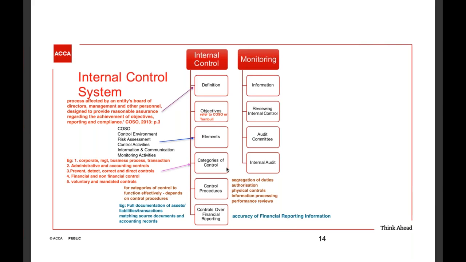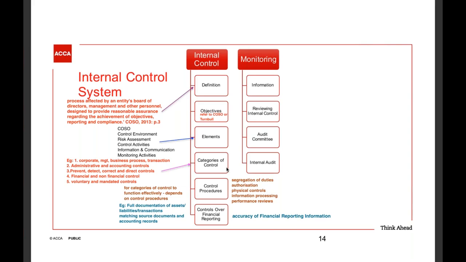When it comes to voluntary control, if you want to have it there, then it's up to you to have that particular control. But when it comes to mandated, that means it's compulsory. And another part will be your control procedures.